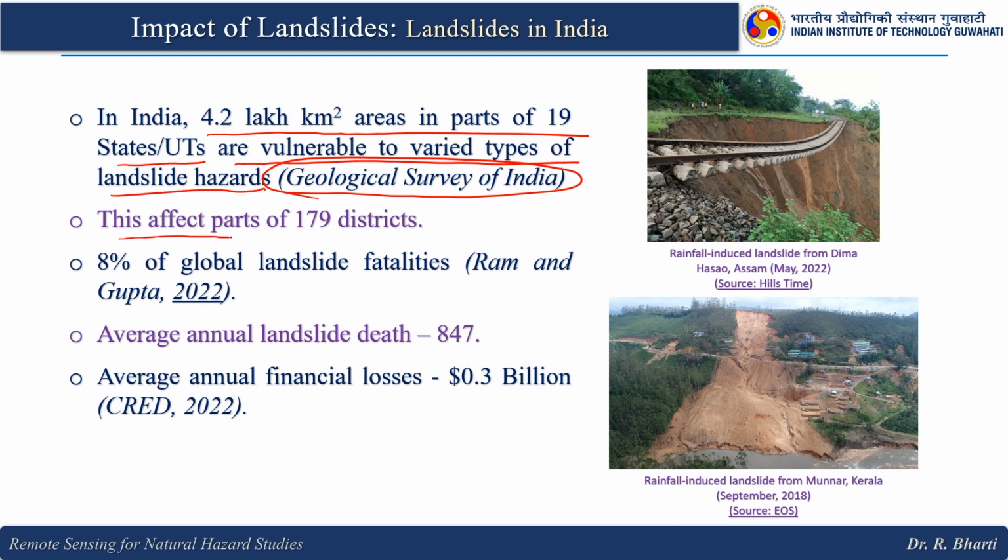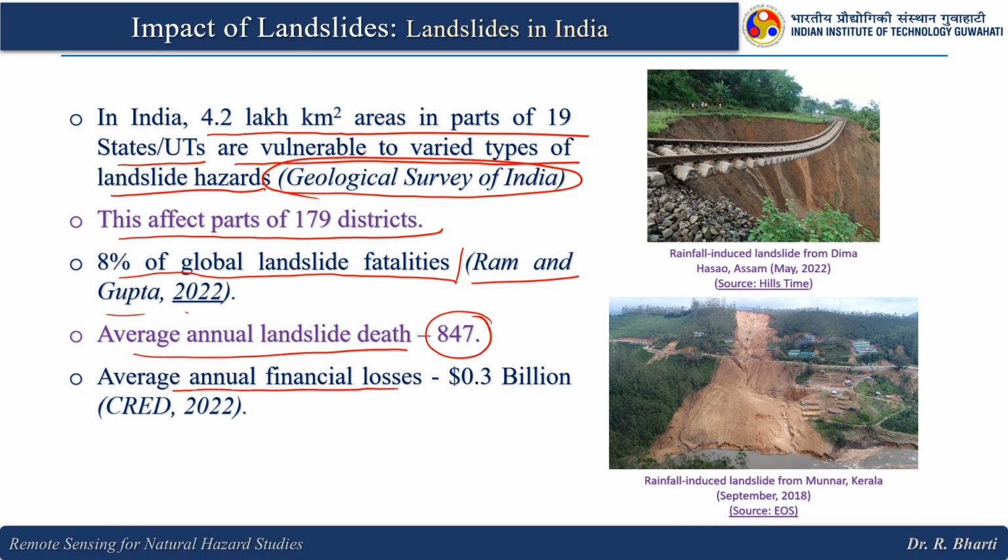This affects parts of 179 districts. 8% of the global landslide fatalities are in India, that is by Ram and Gupta 2022. Average annual landslide deaths are 847, and average annual financial losses are around $0.3 billion for India, right.